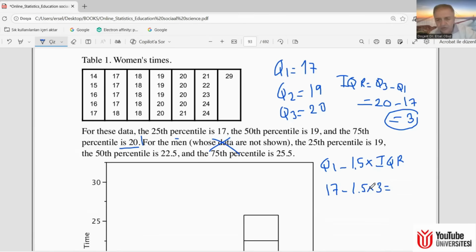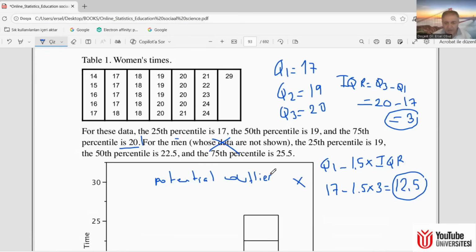Okay, let me do the math. 17 minus 4.5, so 12.5. Do we have a value less than 12.5? No. So we don't have a potential outlier on the left side, right?